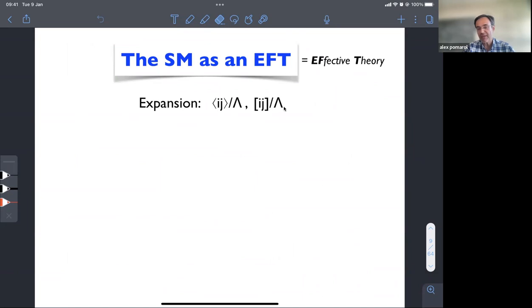And now the same idea as we had of expansion in fields, we now have an expansion in some sense in these angle brackets or square brackets over lambda. So it's the same idea, but instead of expanding in fields, you have already these brackets that correspond to momenta, so it's a kind of low energy expansion.